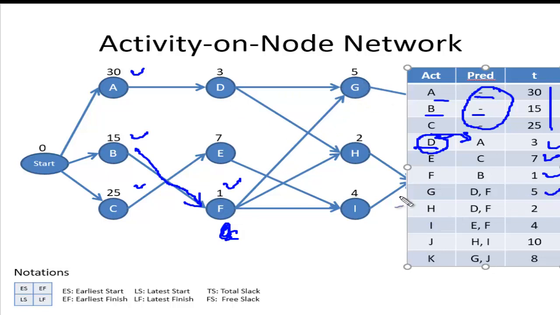Then we have H, its predecessors are D and F, so after D and after F comes H with a duration of 2, written on top here. Then I, its predecessors are E and F, so they end up into I, having a duration of 4.